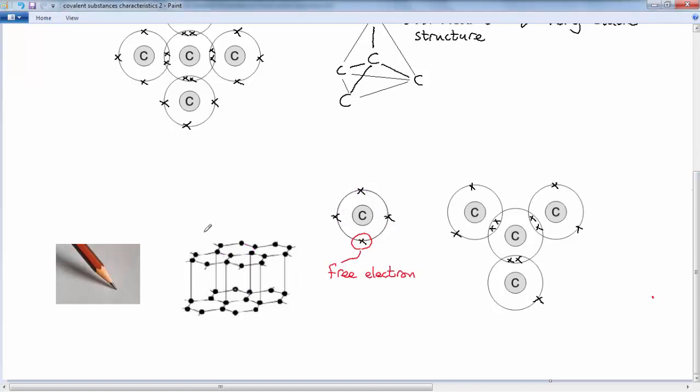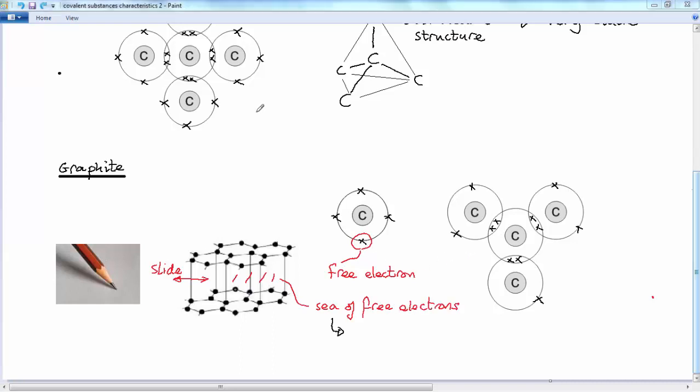So what you get is a structure with planes of carbon atoms arranged in this hexagonal structure, which are able to slide over each other, okay, on this sea of free electrons. These are provided from this 4th electron, which is not used to form the covalent bond. And this sea of free electrons makes graphite a very good conductor of heat and electricity.